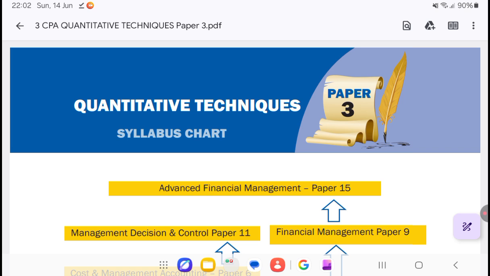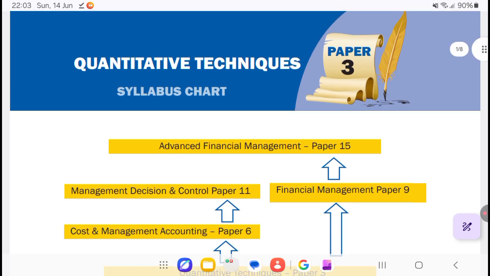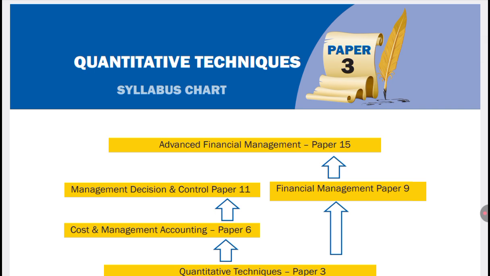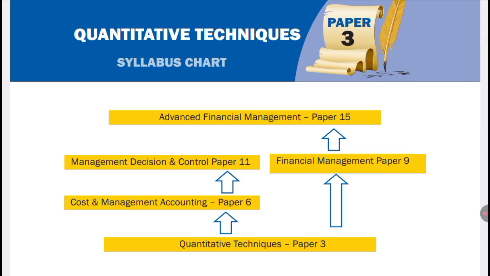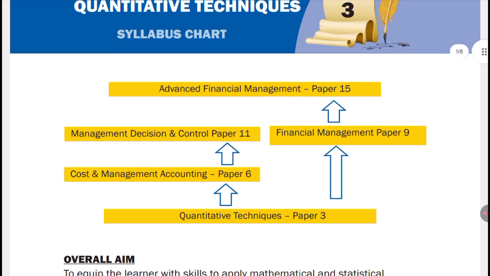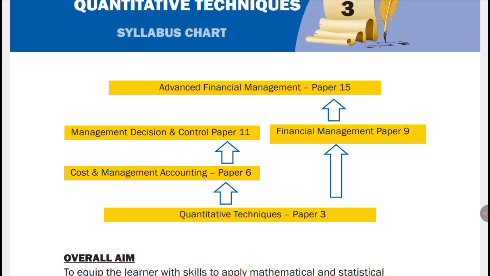So this is the course syllabus, and you can see that we have it as paper 3. It feeds into different course units at different levels of CPA certification, and you can see that our quantitative techniques can also help you in paper 6, that is cost and management accounting.